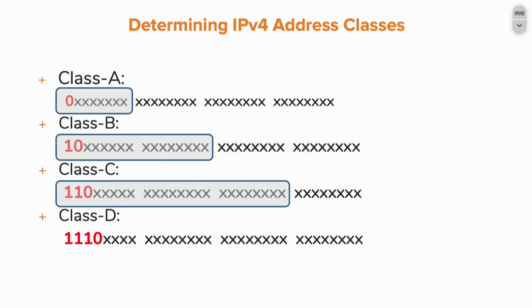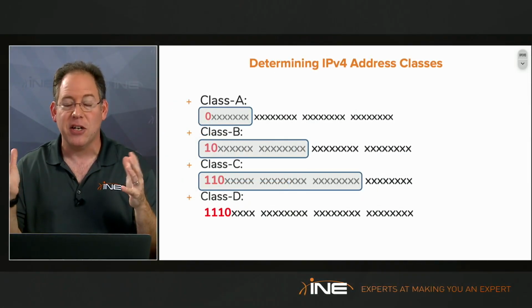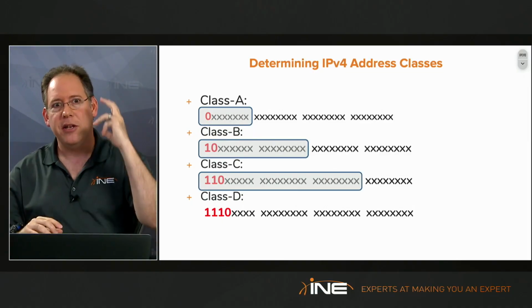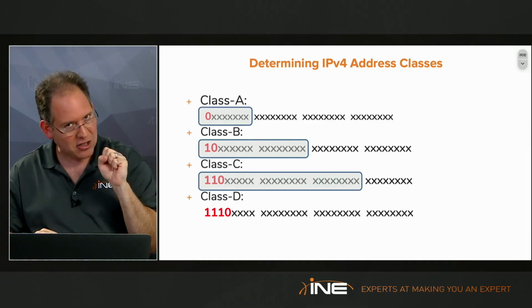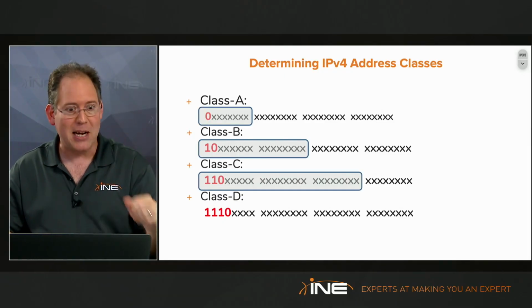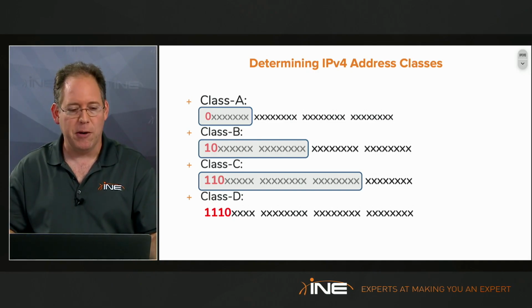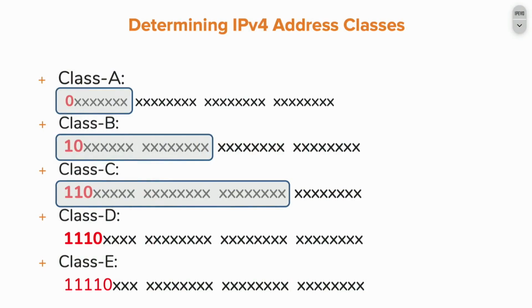So whenever an application is doing multicasting, if somebody says, hey, I'm doing IPv4 multicasting, right there you know the destination address, this is only used for destinations, not sources. The destination of that packet would be something in binary beginning with 1110. And then Class E, that was experimental. That was never actually implemented, that was never used.